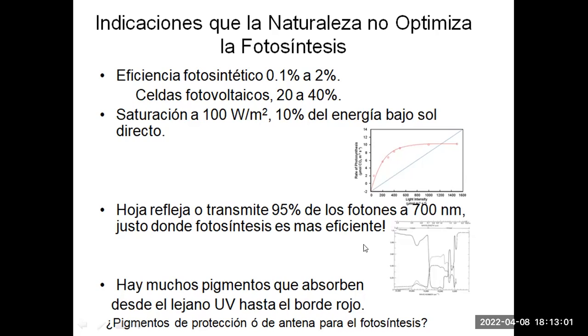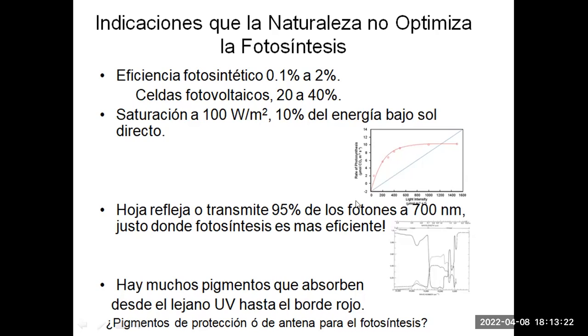And well, we know that this absorption in the blue at the short wavelength range, this light cannot be used for photosynthesis. It has to be dissipated to the red before it can be used.